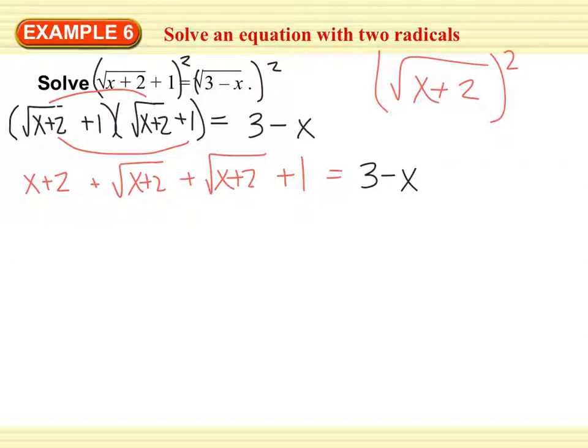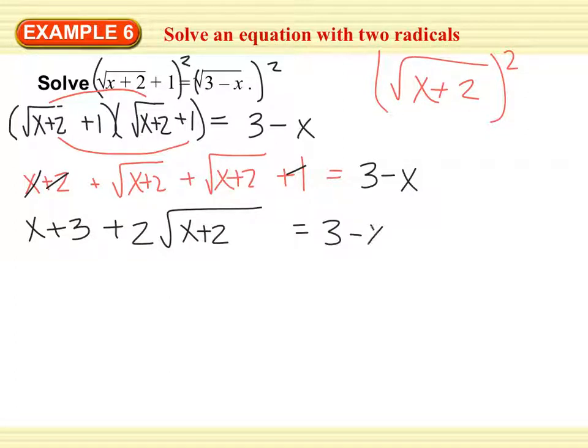Okay, collect like terms. I have x plus 3 plus 2 times the square root of x plus 2 equals 3 minus x. Let's go back to our original rules. Isolate the radical expression. So I'm going to move this over here.